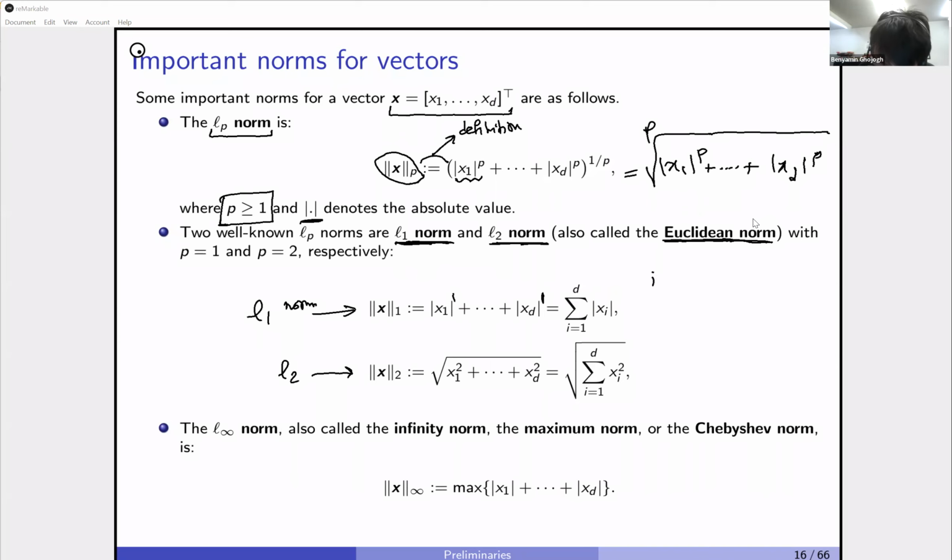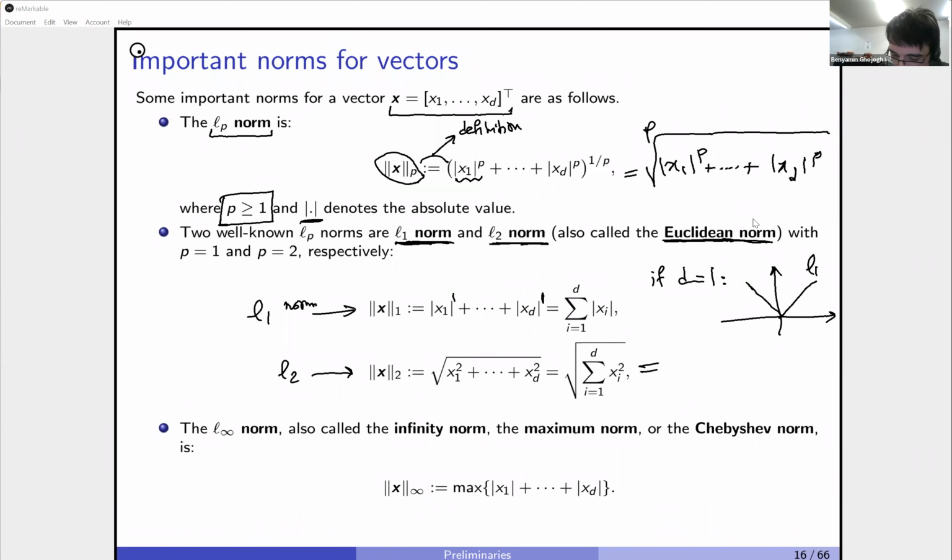If d is 1, if we are in one-dimensional space, the absolute value function is exactly the L1 norm, right? The L2 norm is this, and we'll have the second root of x1 to the 2 plus until xd to the 2. And you have the square root of the sum of xi squared. Now I think this is the L2 norm.